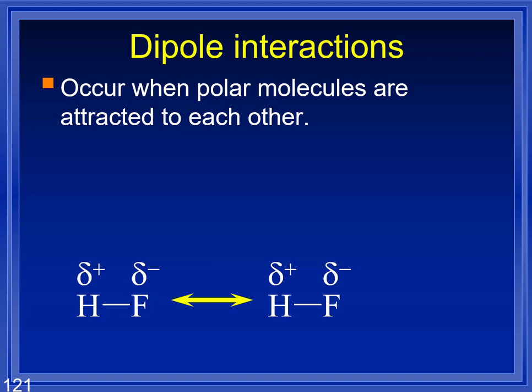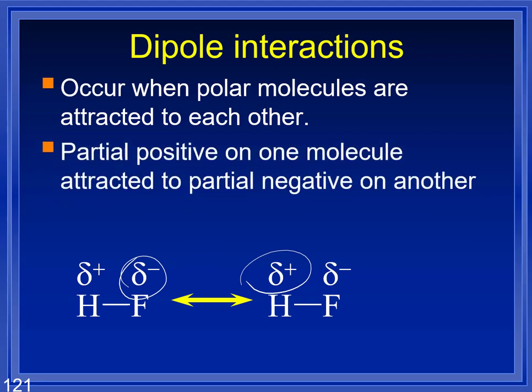The pole on one molecule interacts with the pole on another molecule. The negative on HF would be attracted to the positive on another HF. That's a dipole interaction. Those two poles would interact. So the partial negative on one side hangs on to the partial positive on the other side.